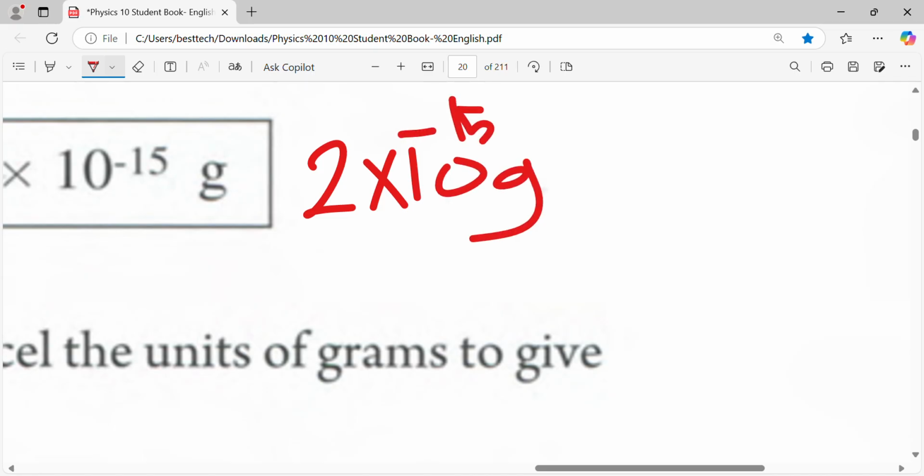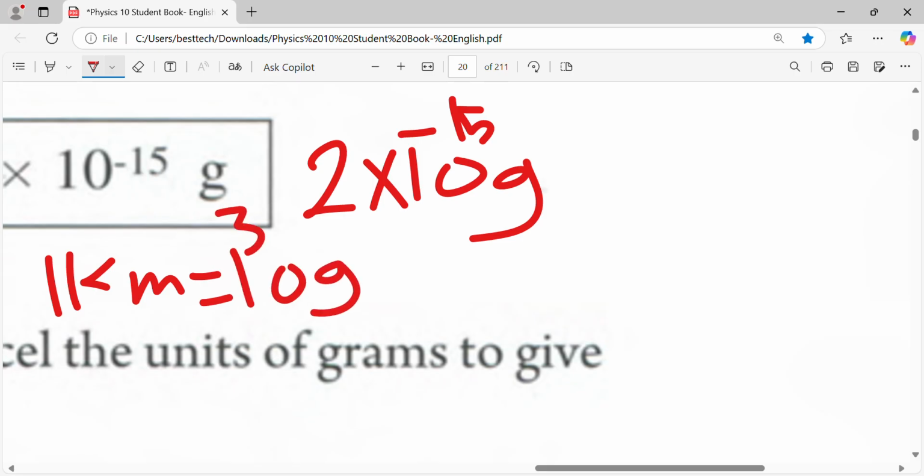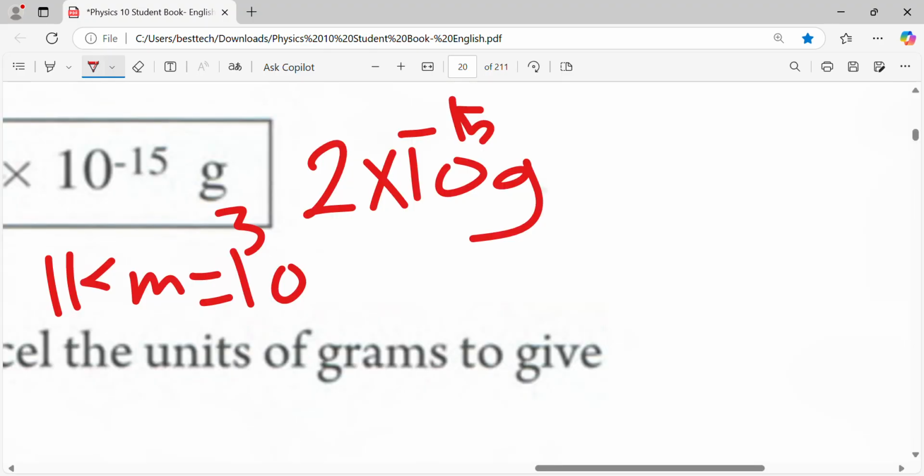Okay, make it kilogram. So what was the rule of kilogram? 1 kilometer or 1 kilogram, as I said, this is not important because it's kilogram, same thing. 1 kilometer equals 10 power 3 meter.